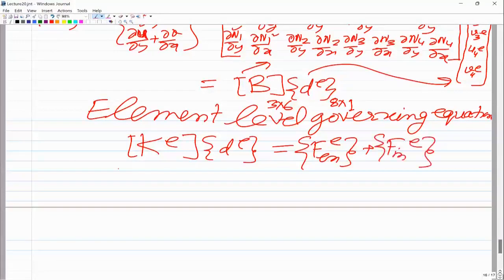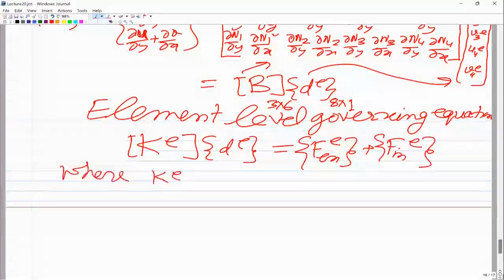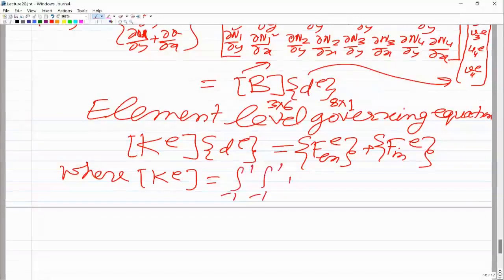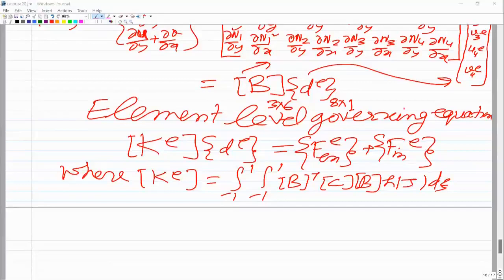Now for Ke, we are basically doing the formulation in natural coordinate space. So Ke would be equal to the integration from -1 to +1, -1 to +1, of B transpose into C into B, into the thickness H, and the determinant of the Jacobian matrix into d xi into d eta. Ultimately we evaluate this integral using Gauss quadrature numerical integration.